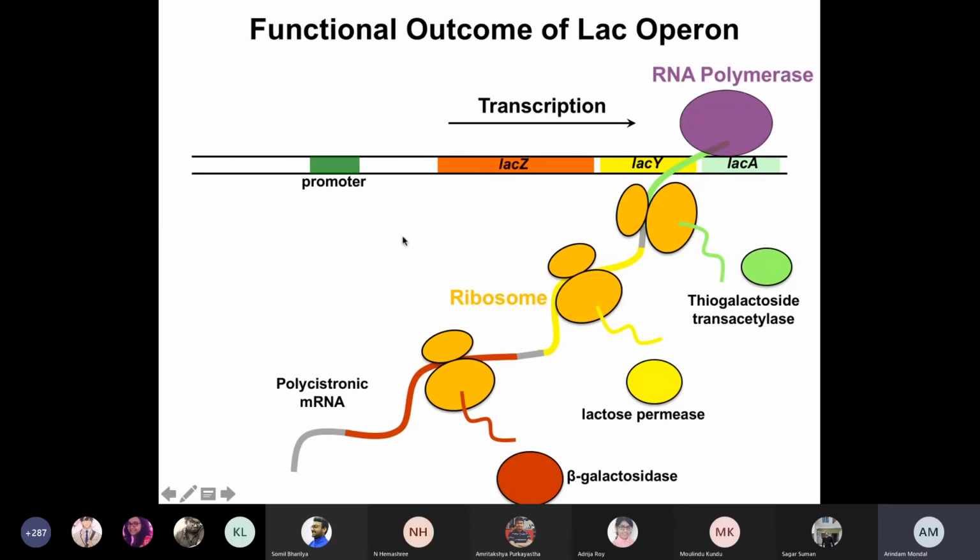If there is no glucose in the environment but there is lactose, that's when you need to switch on this promoter so that there will be transcription, synthesis of mRNA, and hence synthesis of the proteins. Now, how can you switch this particular promoter on and off?